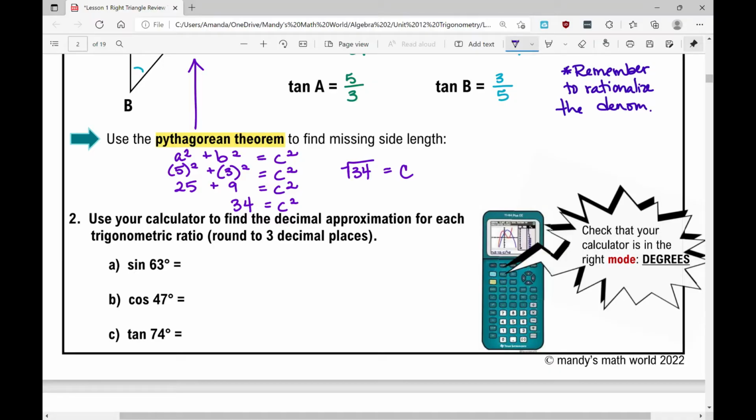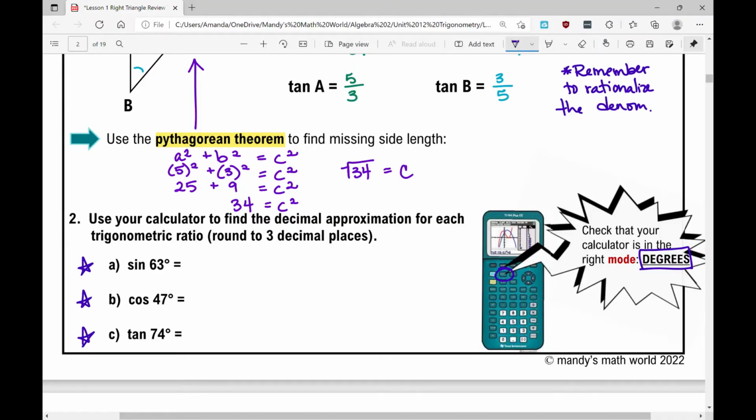If you go to mode, make sure that degrees is highlighted. Then we're going to enter the sine of 63 degrees, the cosine of 47 degrees, and the tangent of 74 degrees. We're going to do all this at once, and you're going to write those values on your notes, and we're going to come back to our notes.